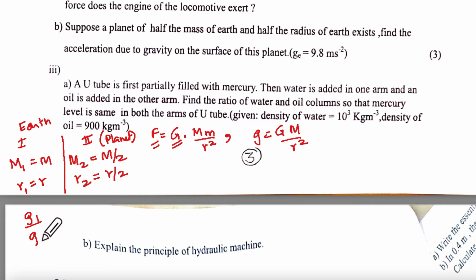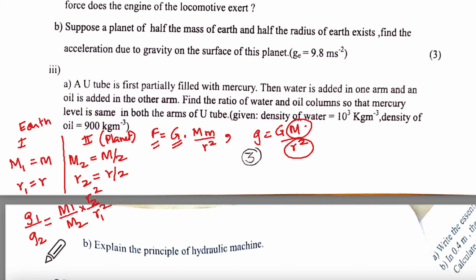So if we do this, then tell me what we will have. g1 upon g2 will be equal to, G gets cancelled, and M1 upon M2 because directly proportional to this mass, and R2 square upon R1 square. Did you understand what I did over here? In the numerator means directly proportional, in the denominator means inversely proportional. Did you understand this part? Yes, ma'am.